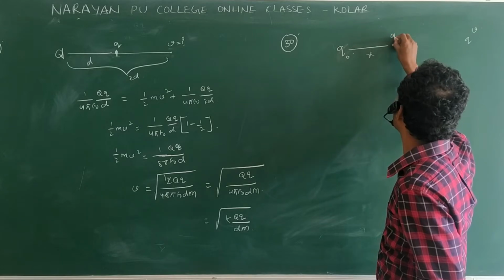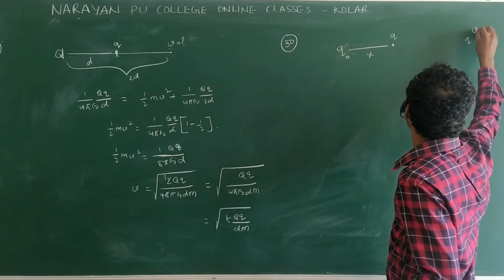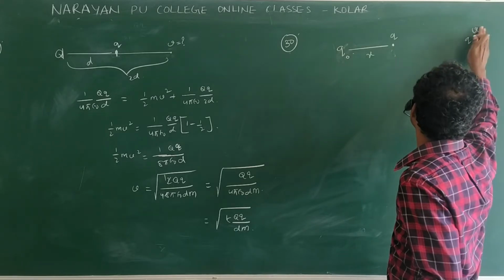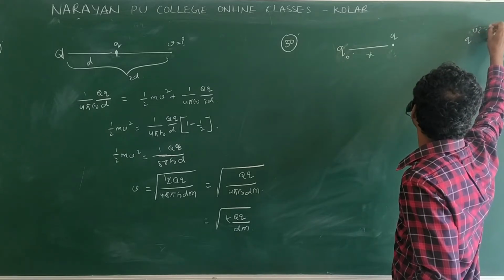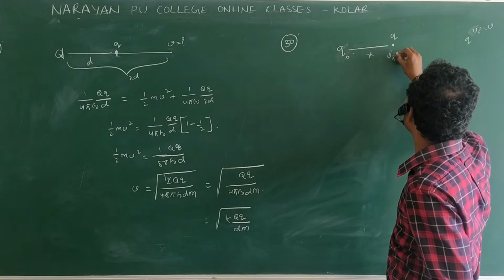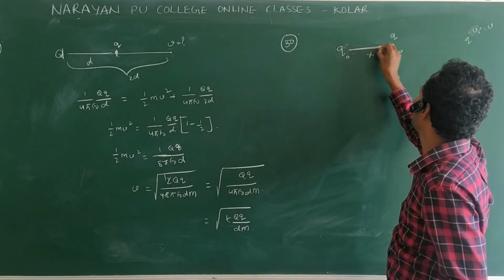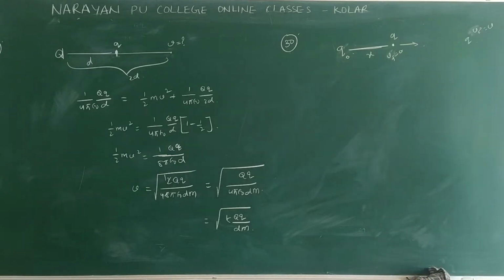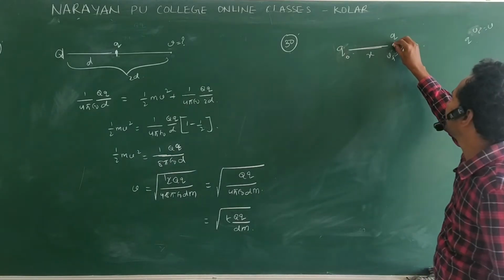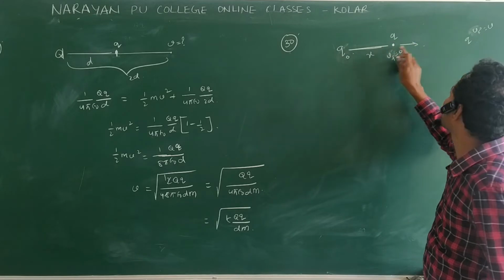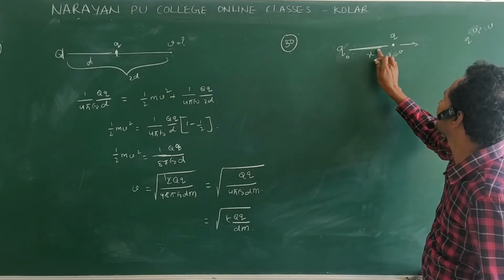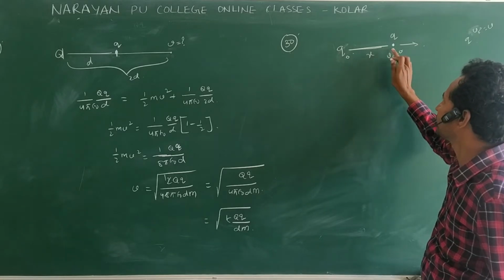It stops. Clear? Let us say initial velocity u, its final velocity will become 0. Or if we take v initial and v final 0, then due to repulsive force again it moves back. Clear? Means here the total kinetic energy is balanced with the potential energy. Clear?